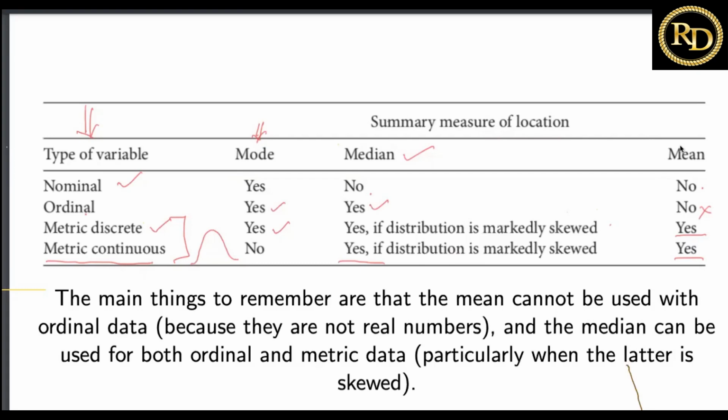So the main thing to remember is that mean cannot be used with ordinal data because they are not real numbers, and the median can be used for both ordinal and metric data, particularly when the metric data is skewed. So these 2 points are very important for all of you to understand and remember.